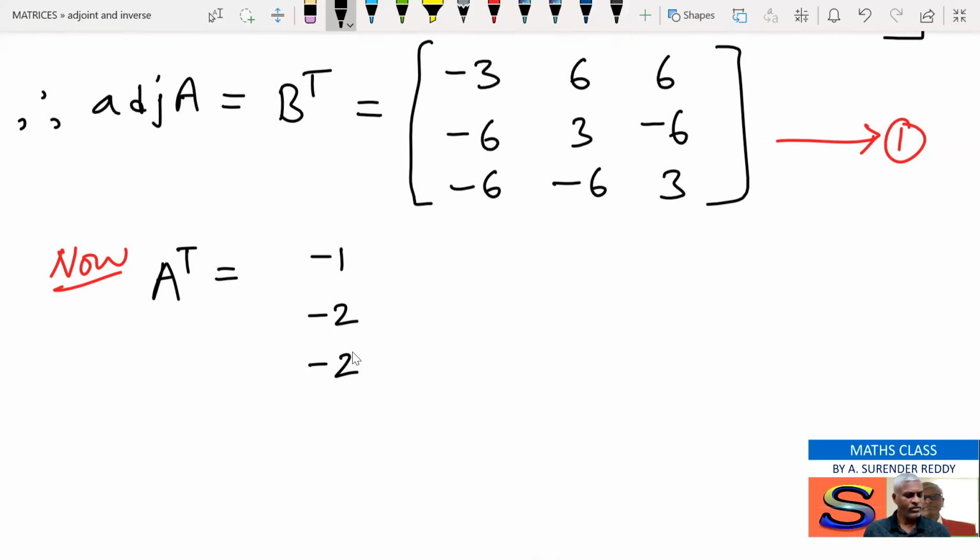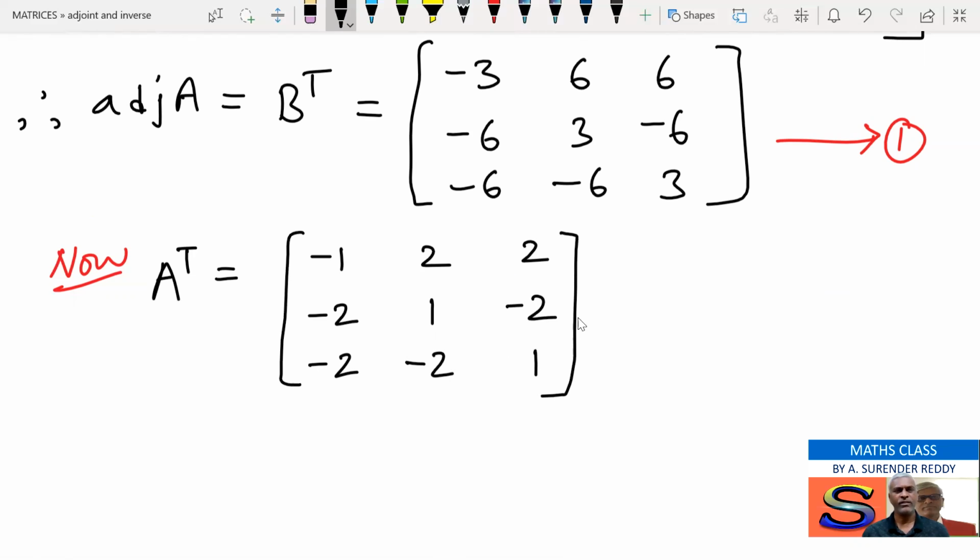Then second row 2 1 -2, second row becomes second column. And third row 2 -2 1. So converting the rows into columns is the transpose, AT. Now find 3AT.